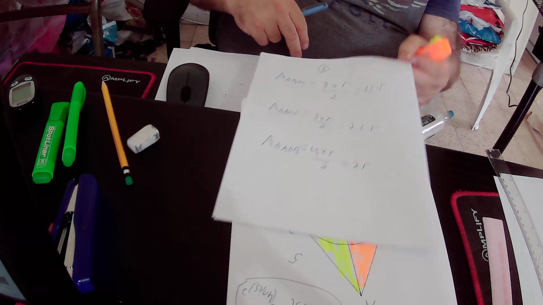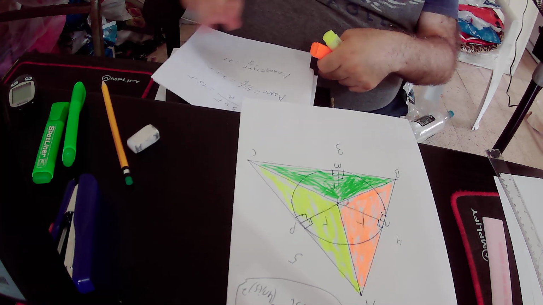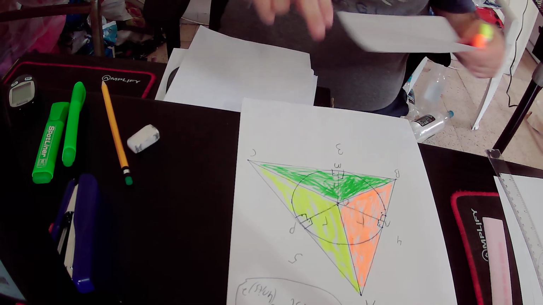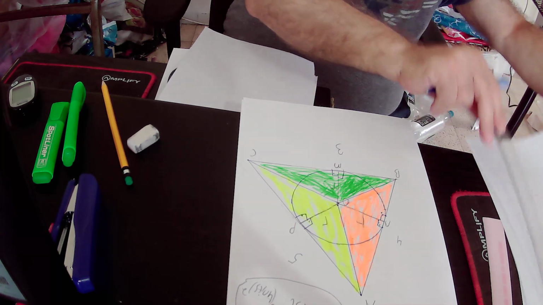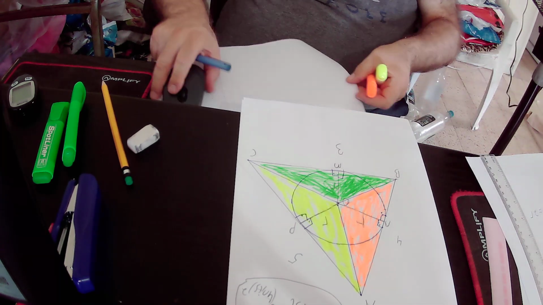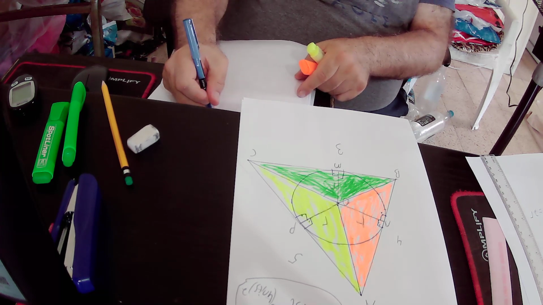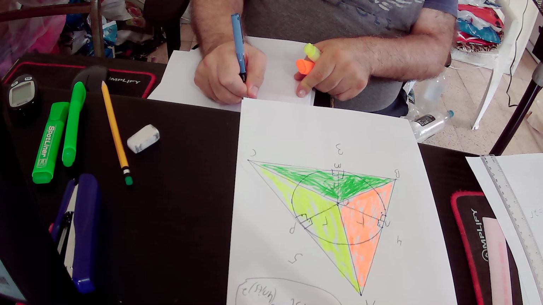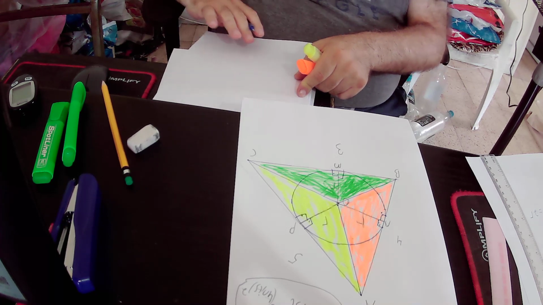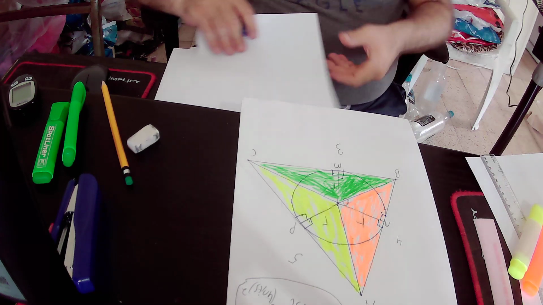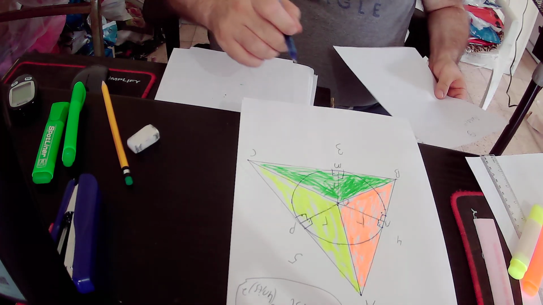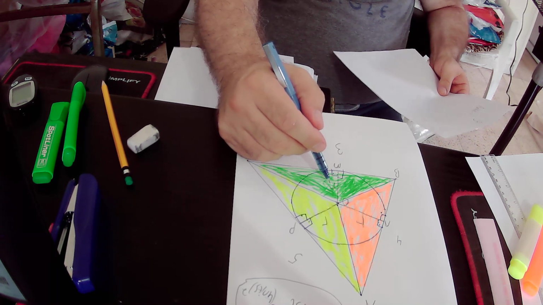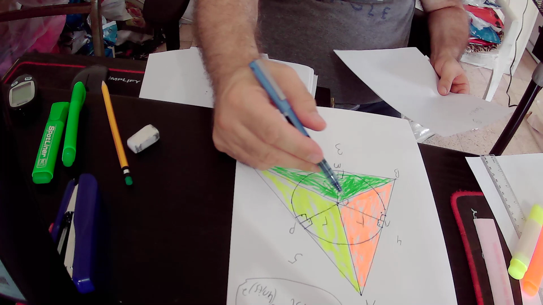But the area of the big triangle, triangle ABC, equals the sum of the areas of the yellow triangle plus the area of the green triangle plus the area of the orange triangle.